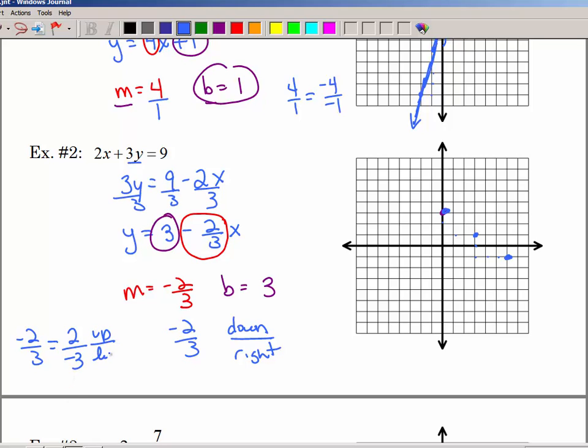So I could go up and then left. Up 2 and left 3. And all those dots should be in a line. Then you would take a straight edge and connect those. Pretty easy.